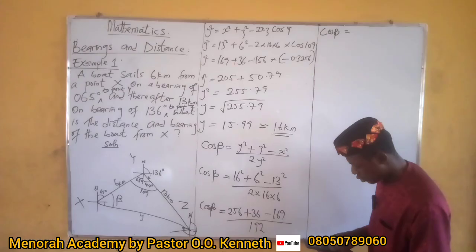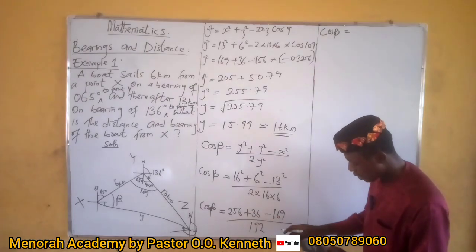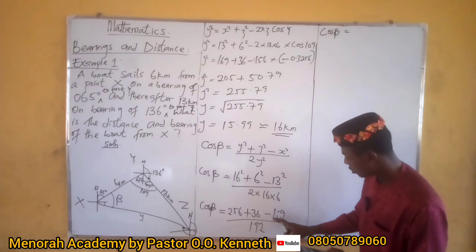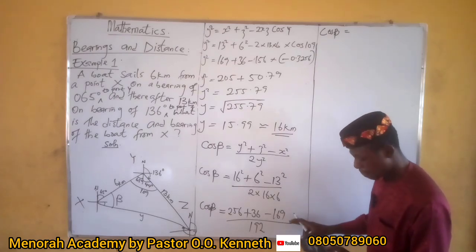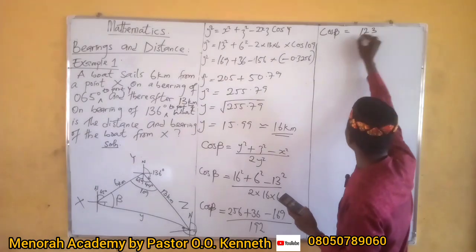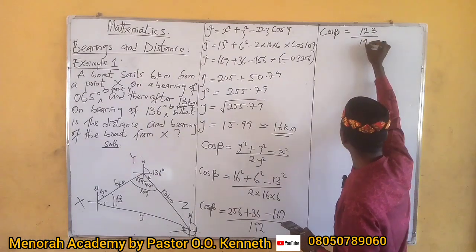Subtract: 256 plus 36, then minus 169 is going to give me 123 all over 192.